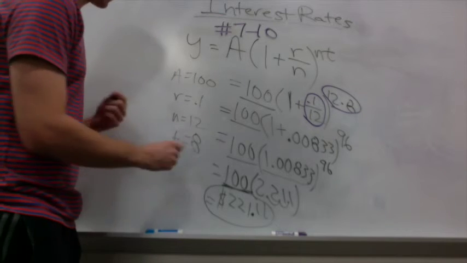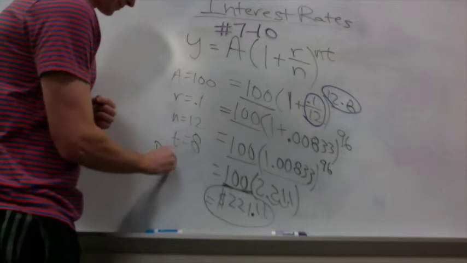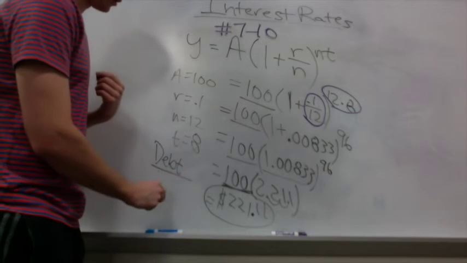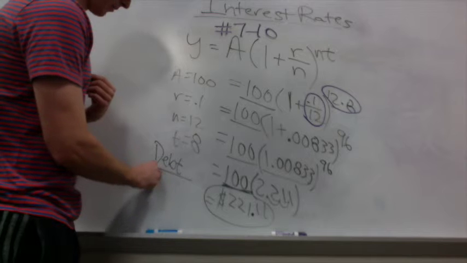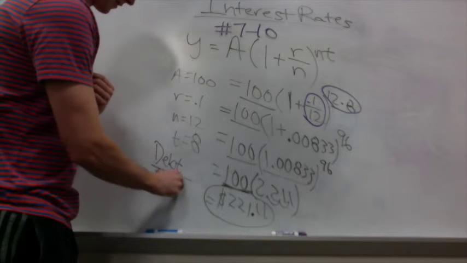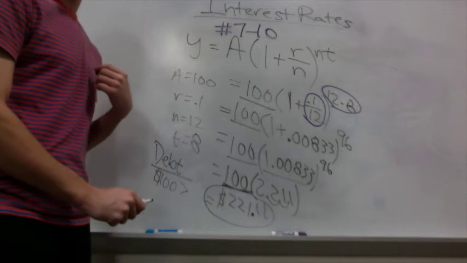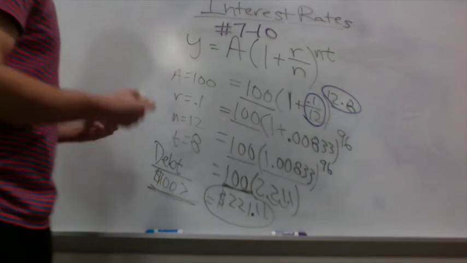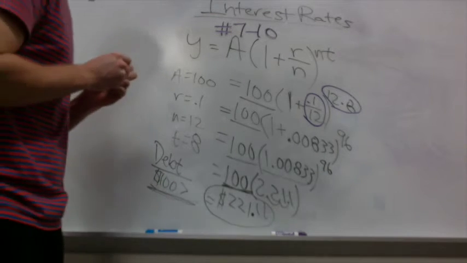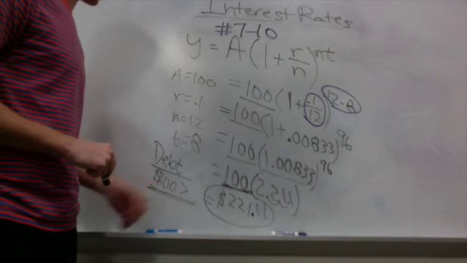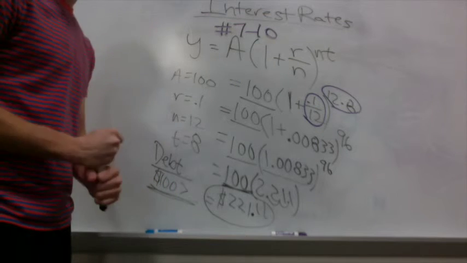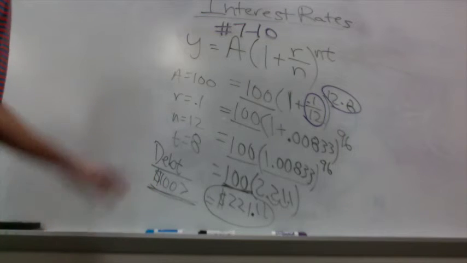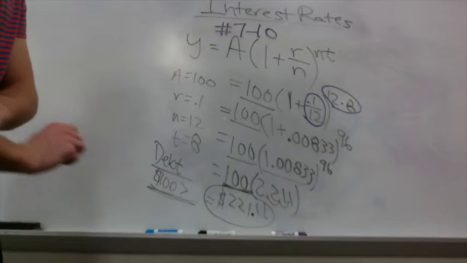So if it was a debt or a loan equation, you have to pay off whatever money is greater than 100. And so eventually you pay the interest, you gain up enough money to pay your debt back, and you can make payments on that principal, on that initial amount, so you get less interest. But this should help you with those problems.